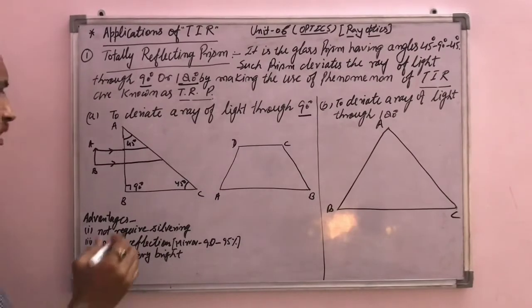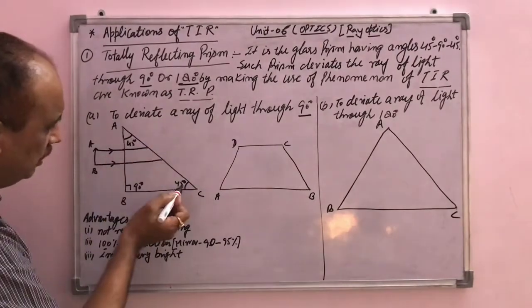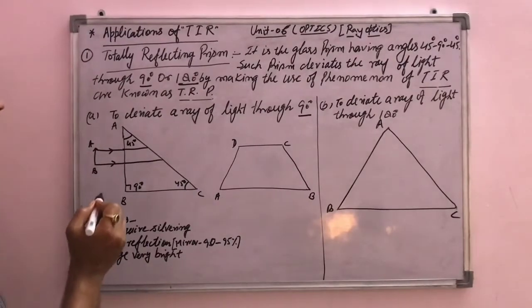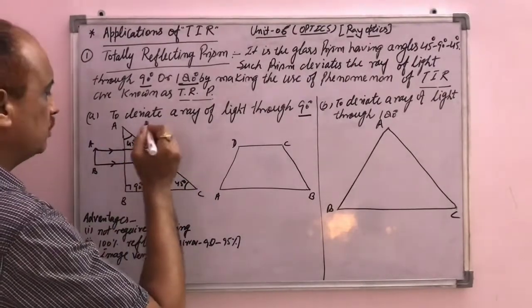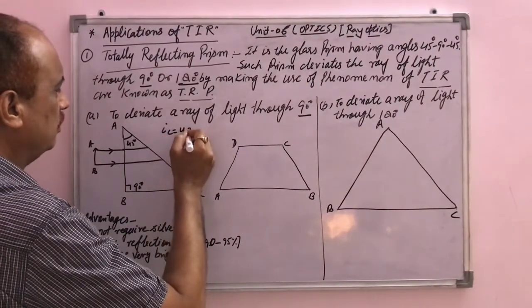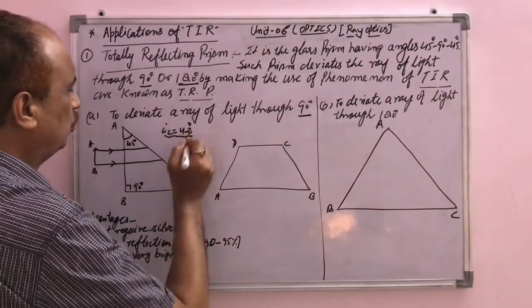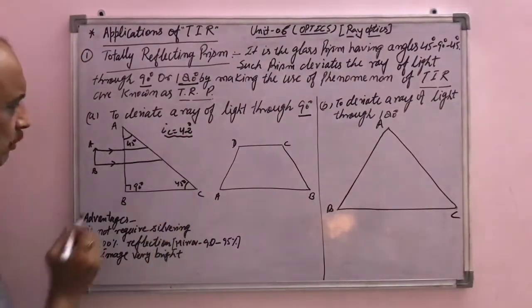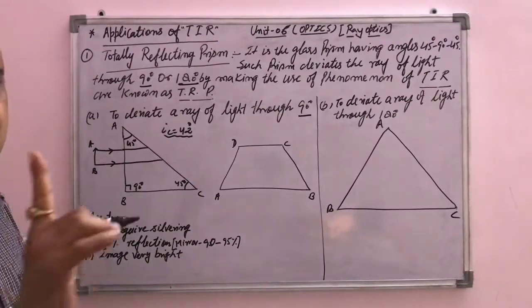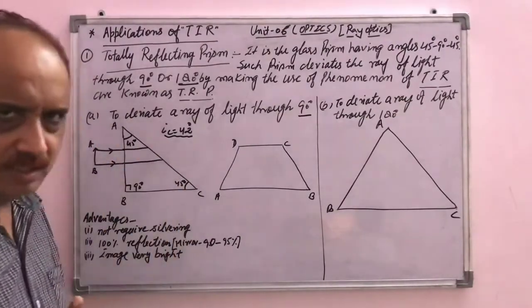This face AC makes an angle of 45 degree, but the critical angle for the prism, IC, is always approximately 42 degree. So the angle of incidence is greater than the critical angle for the air-glass media.